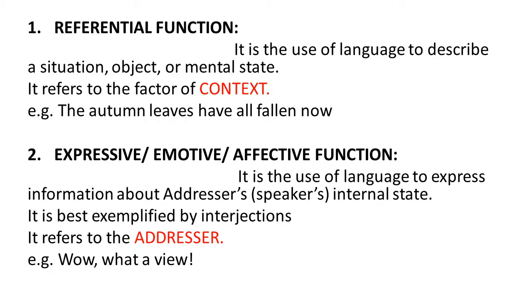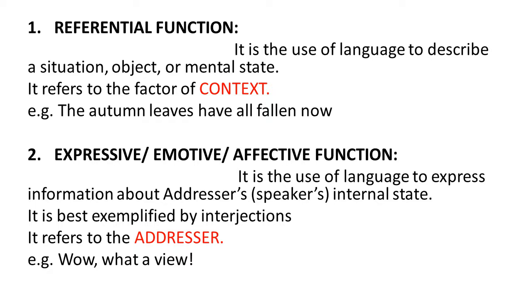Now let's come to the second one, that is expressive function. Other names are emotive or affective function. Here in this function, the addresser or the speaker is involved because it is the use of a language to express information about the addresser's or speaker's internal state. It is best exemplified by interjections, and it refers to the addresser.